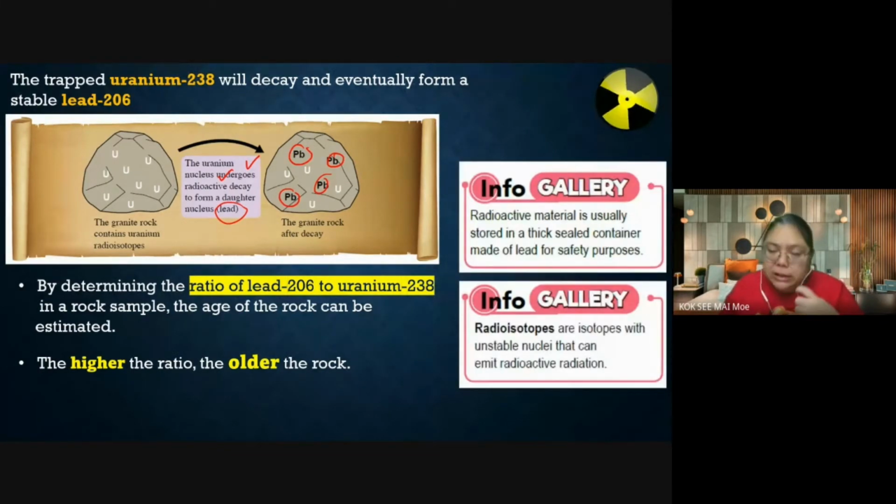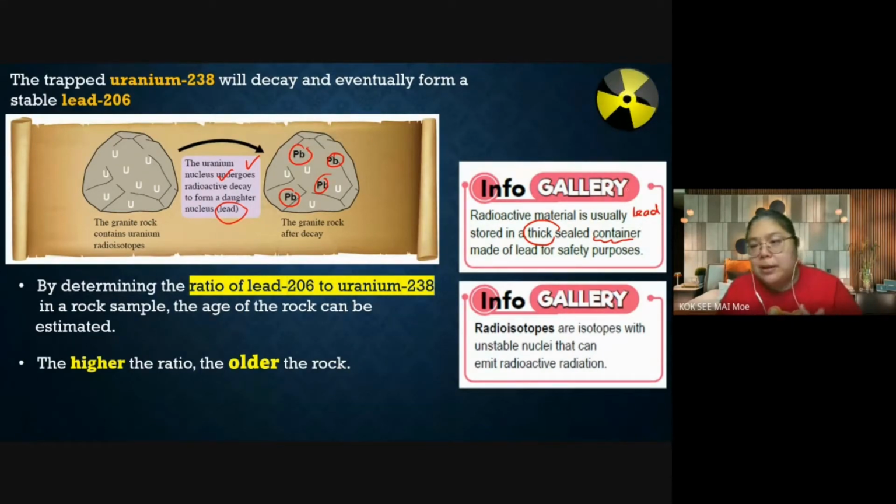Now this is information from the textbook. Radioactive material is usually stored inside a thick sealed container. Normally we use lead, because lead can block all the alpha, beta, and gamma so they don't escape.